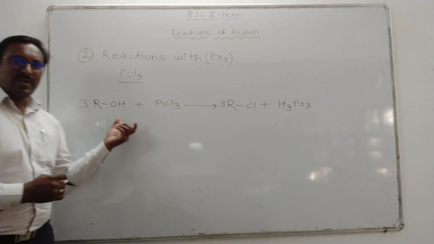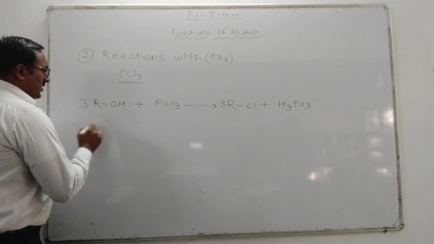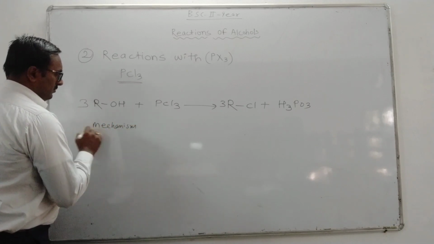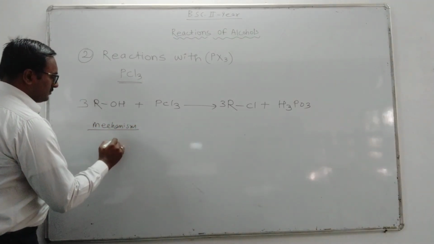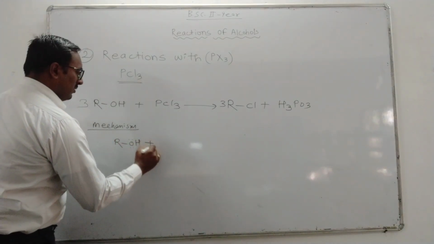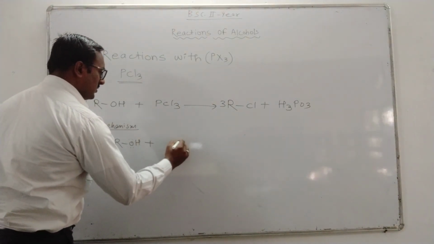So let us discuss the mechanism of this reaction. In the first step, one molecule of alcohol reacts with PCl3.